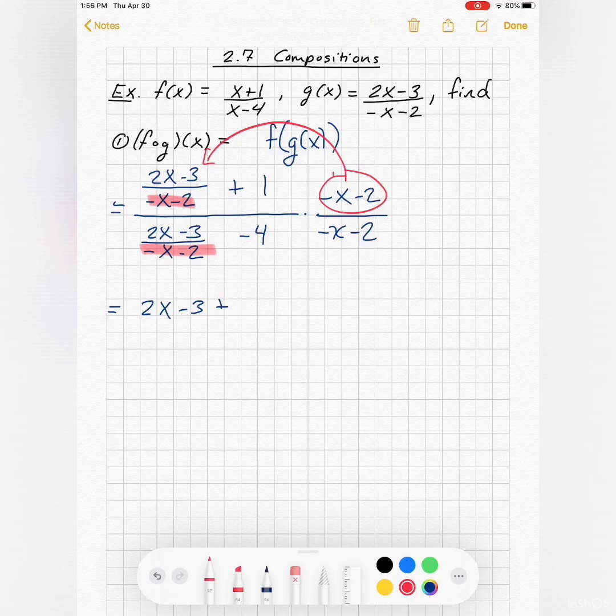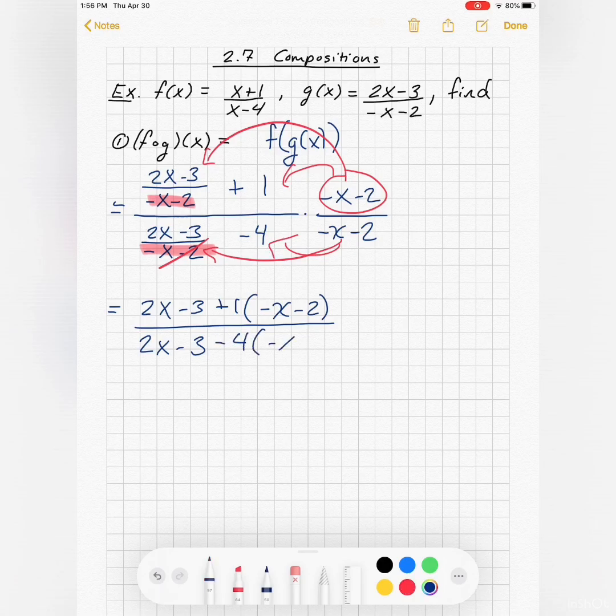But here, there's nothing to cancel. So that 1 stays attached to the negative x minus 2. My denominator cancels. 2x minus 3. Here, nothing to cancel. So the minus 4 stays attached to the negative x minus 2.